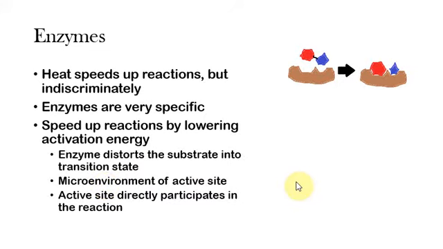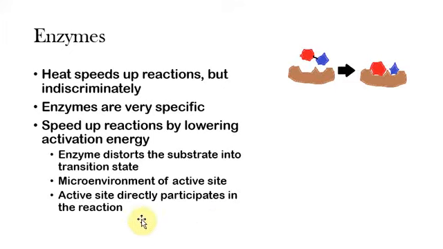This refers to a couple of things. Maybe there's a certain amino acid in the active site that's very acidic, and this creates an environment where the reaction is more likely to occur. Another example might be with polar and nonpolar amino acids, and this all creates maybe a slightly different environment in the active site than in the rest of the cell.